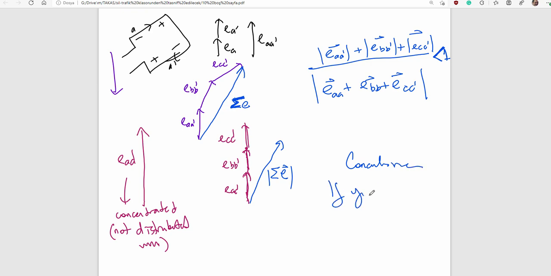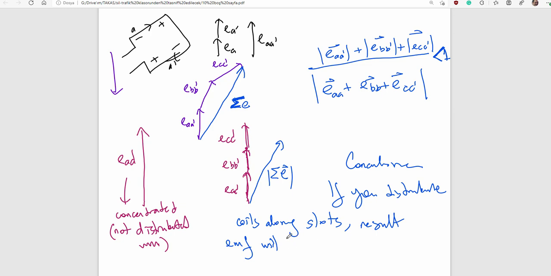If you distribute coils along slots, the resultant EMF will reduce. The magnitude will be reduced.